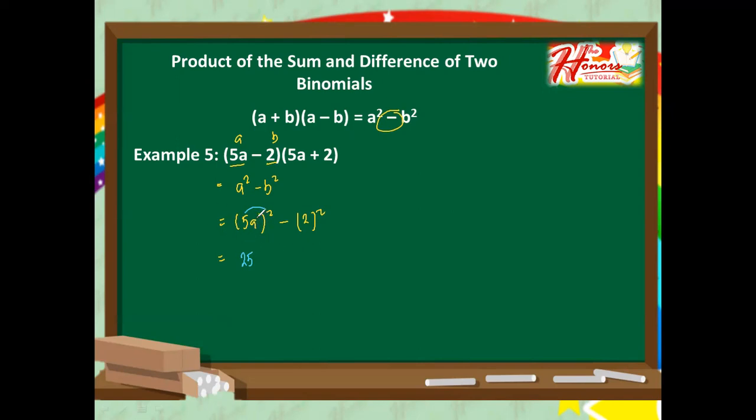Next, for a, we have an invisible exponent, which is 1. So you have to multiply 1 and 2 since 2 is outside the parenthesis. So that is a squared. And then copy this operation. Again, please don't change it. So 2 raised to 2, that's 4. And that's the answer: 25a squared minus 4 for number 5.